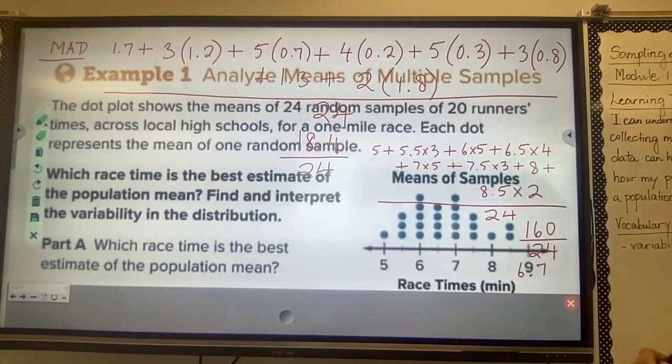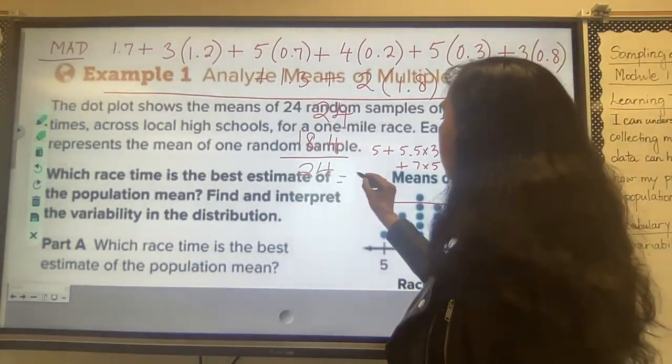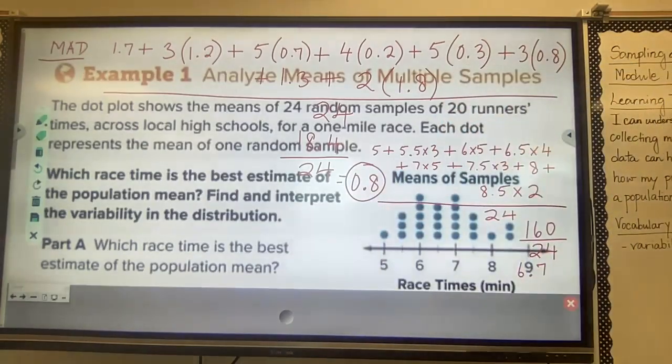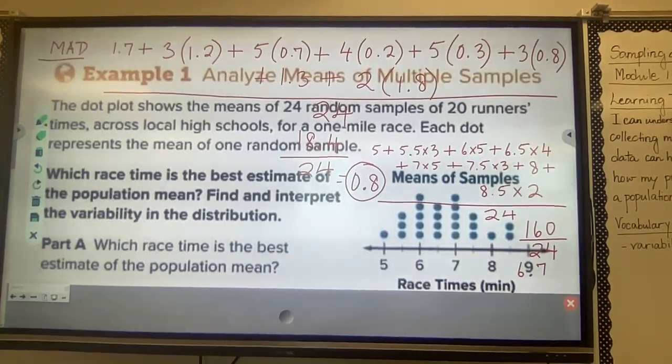And so therefore I get, which is equal to 8/10 is my mean absolute deviation. Okay, and so the mean absolute deviation is 8/10 minutes. This means that the average distance, each data value is from the mean, is 8/10 minutes.